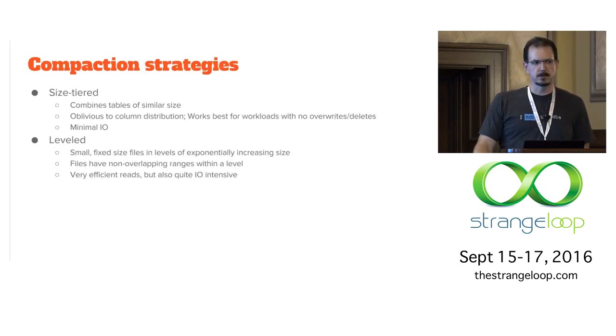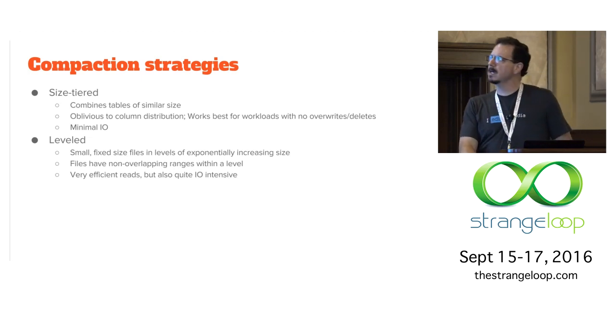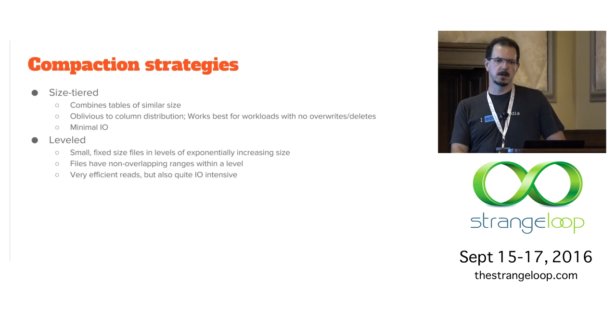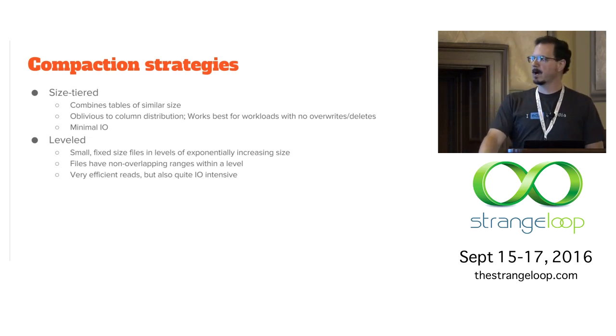When we first set this cluster up, there were only 2 compaction strategies that were available: size tiered and leveled. Size tiered just takes files of similar sizes, combines them to make fewer files. It's oblivious to your column distribution, but it doesn't use a lot of I/O. Then you have leveled, which is kind of clever. It's inspired by Google's LevelDB.